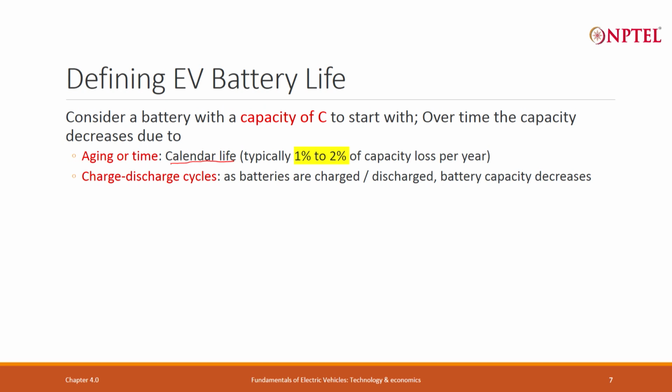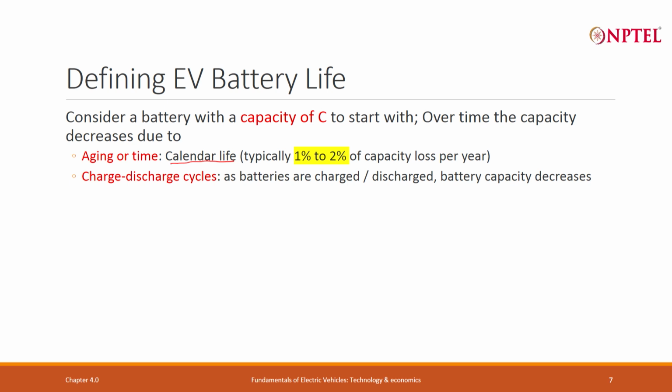I had talked about how the capacity of the battery is affected, and we said there are two important parameters that impact the capacity of the battery. One is aging with time. As time goes on, the battery capacity will slightly deteriorate, does not do too much, maybe 1% a year, maybe even less, but if you leave the battery, it will deteriorate.